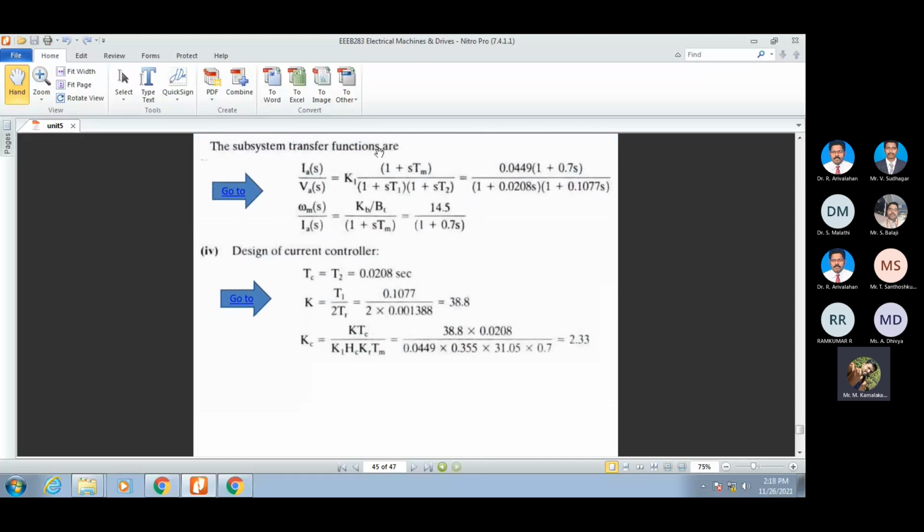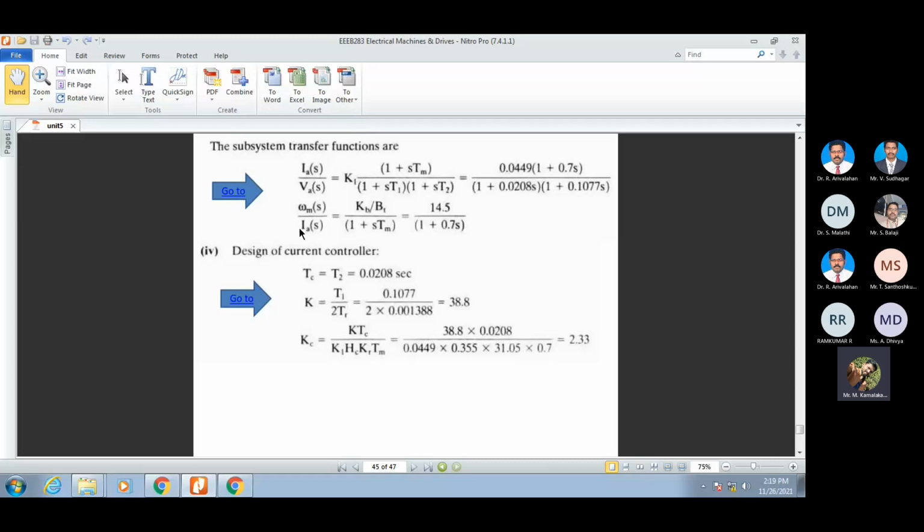And the subsystem transfer function can also be determined in terms of IA of S divided by VA of S, or omega m of S divided by IA of S. Because the speed omega m is responsible for the current, the output is going to be omega m and the input is nothing but the IA.